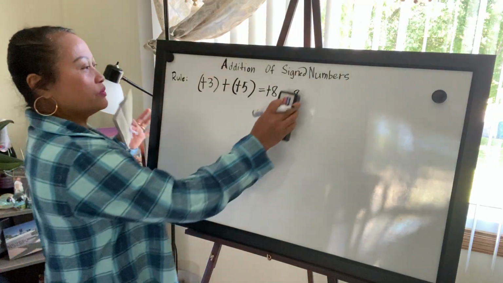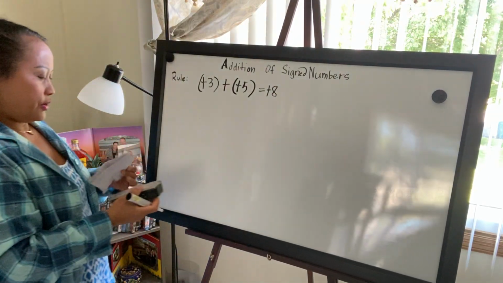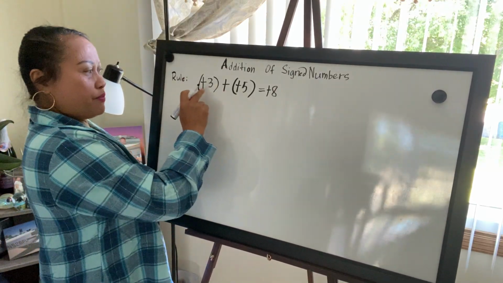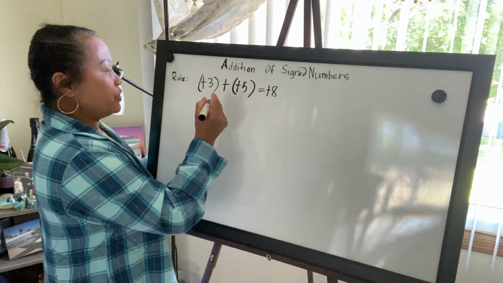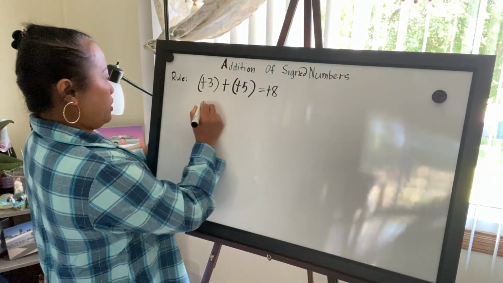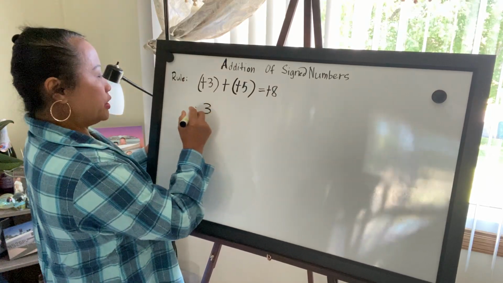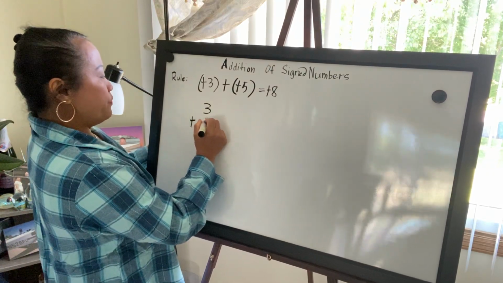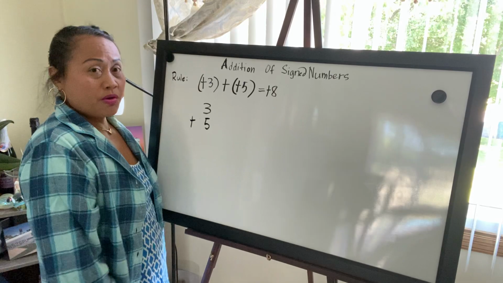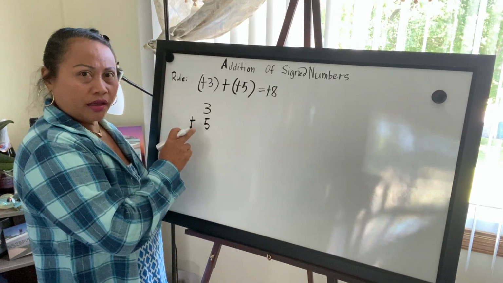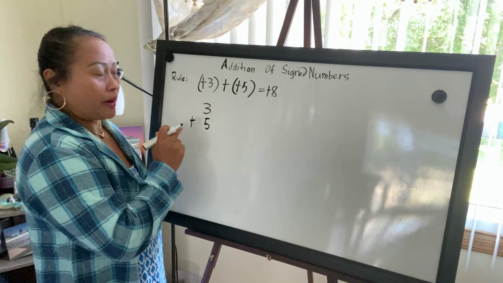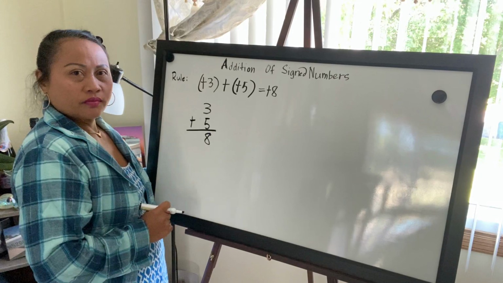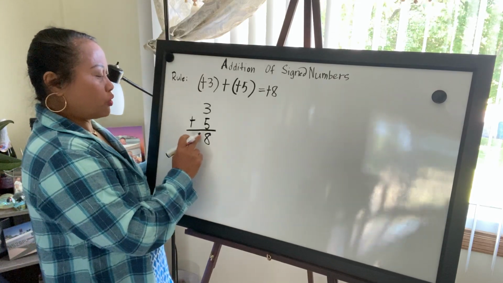If this one is confusing to you, you can just write it this way: 3 plus 5. Remember, a number without a sign is understood to be positive. Now this one is 8. There's no sign because it's all positive.